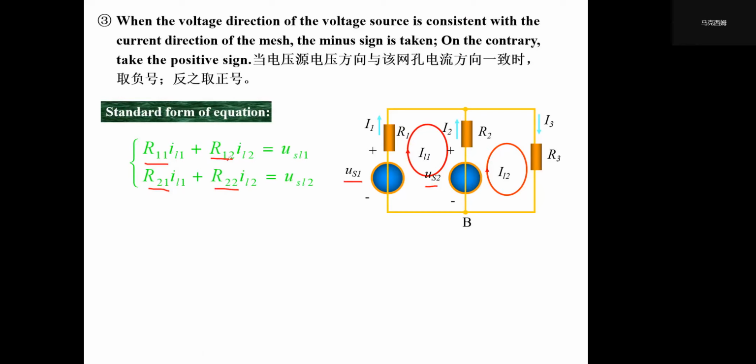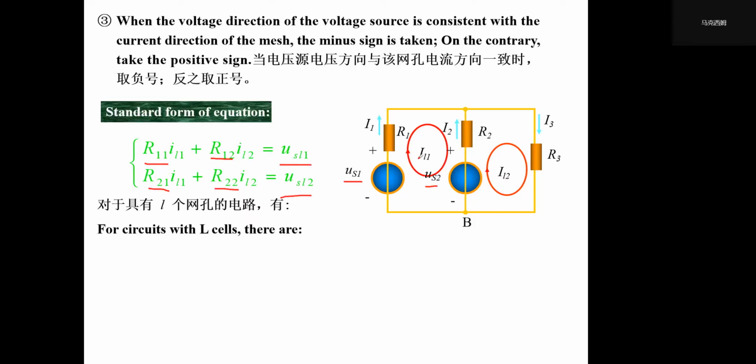Otherwise, it will have a negative sign. And US1 and US2 are the net voltage source values associated with the mesh current.